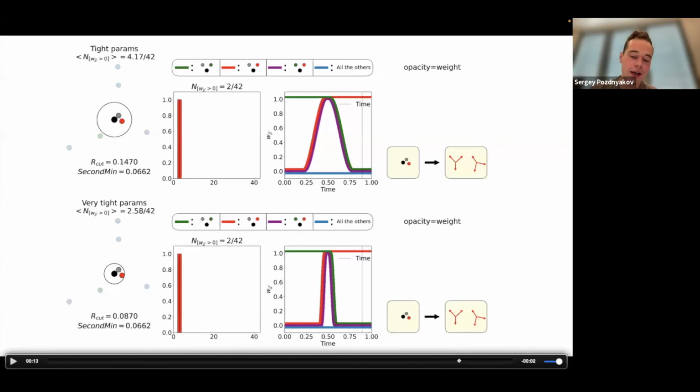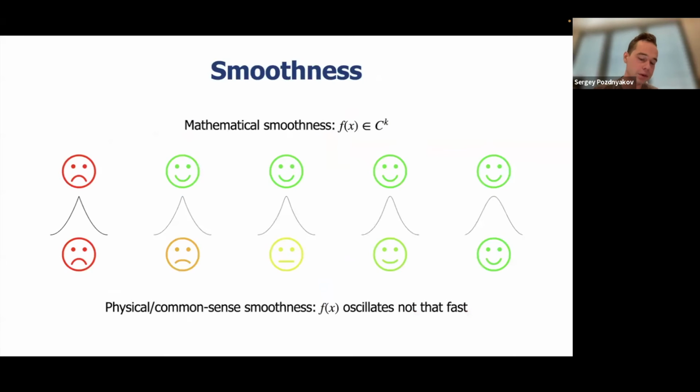Before I conclude that there is a trade-off between computational efficiency and smoothness, I want to define exactly what I mean by smoothness, because smoothness is an ambiguous word. At least two things can be understood by smoothness. The first definition is rigorous mathematical smoothness.